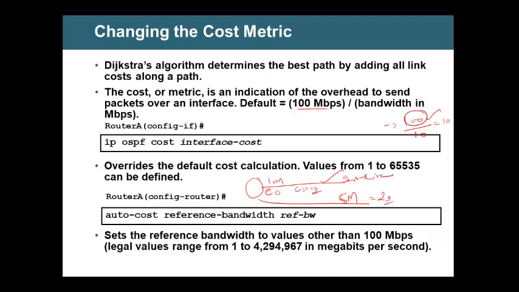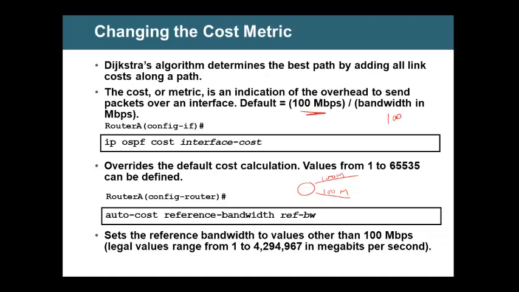Fine. Now, what if we have a 100 meg wire? What will the cost be? The cost is going to be 100, the reference bandwidth, divided by the bandwidth on the link, which is also 100. So the cost is 1.